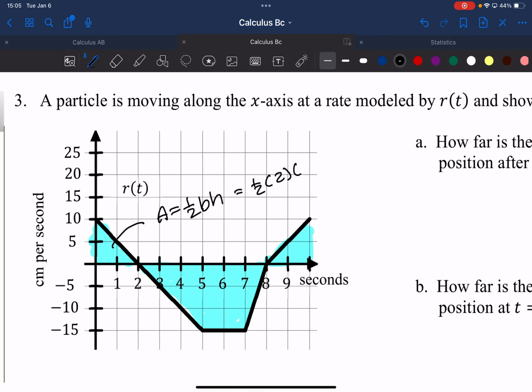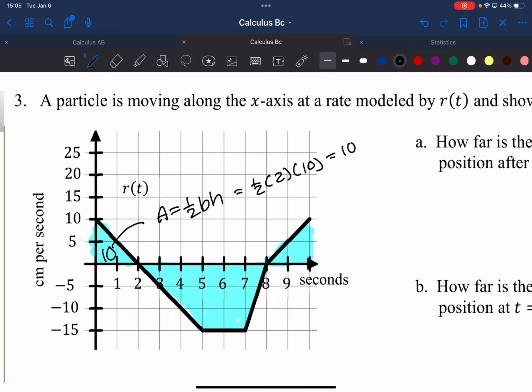Yes, 10. Don't want to confuse anyone here because some people may think, well, we only went up 2 spaces. But since the units are going by 5s, instead of going up 2, we actually went up 10. So multiplying that together, we get 10. So this area right here is 10.